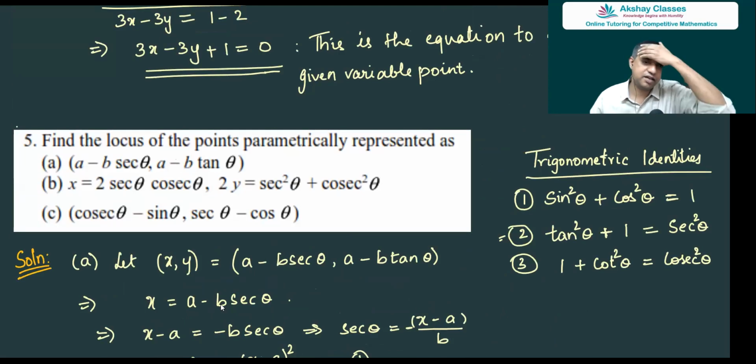Now let's do the second one. x is 2 secant theta cosecant theta, and 2y is secant square theta plus cosecant square theta. This is very simple as far as I can see.